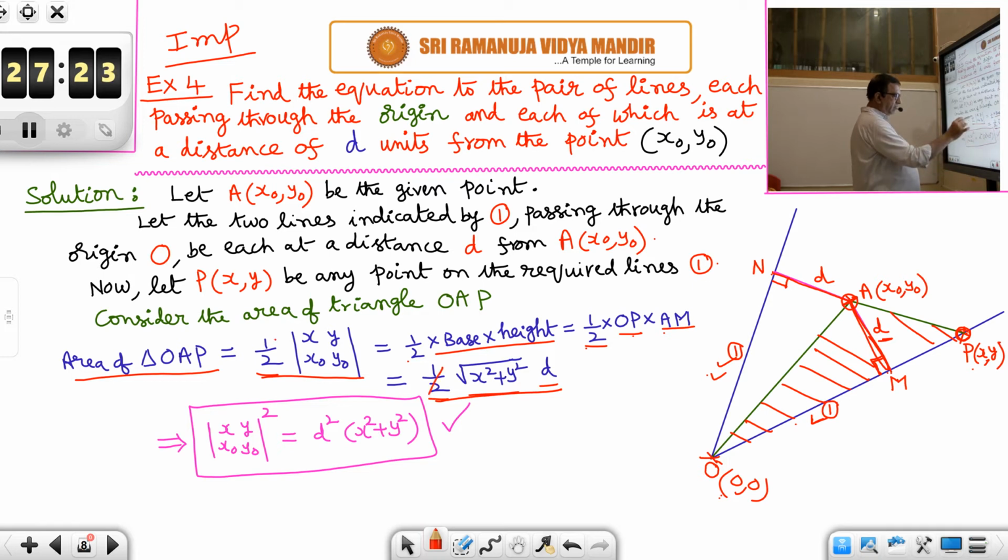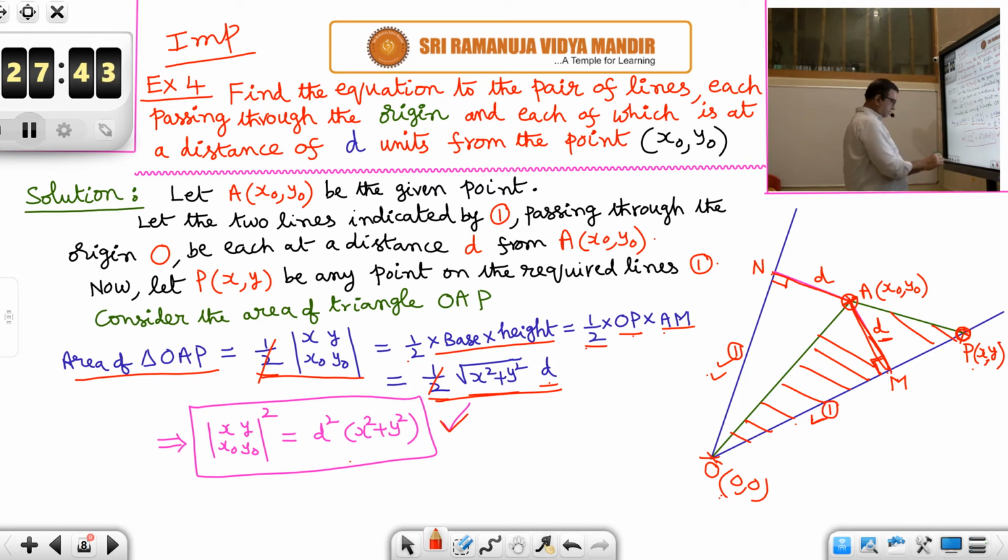So half can be cancelled out. Squaring both sides, you get the determinant of x, y, x0, y0 whole square equal to d square into x square plus y square. Simple formula.